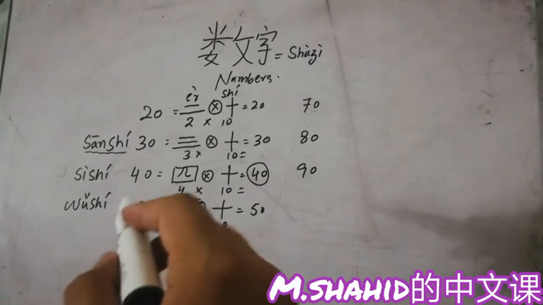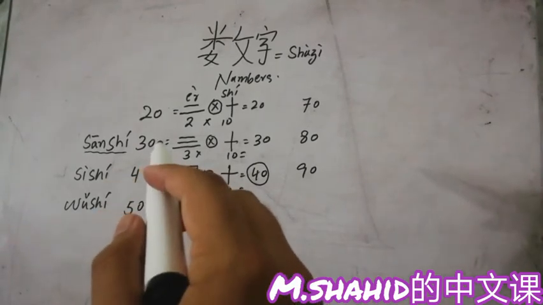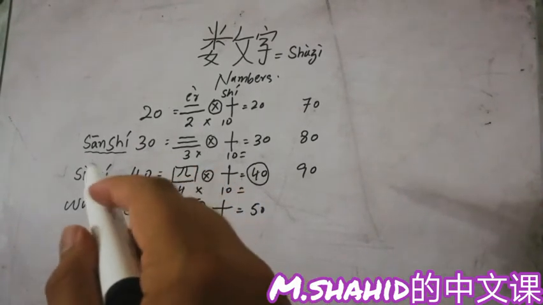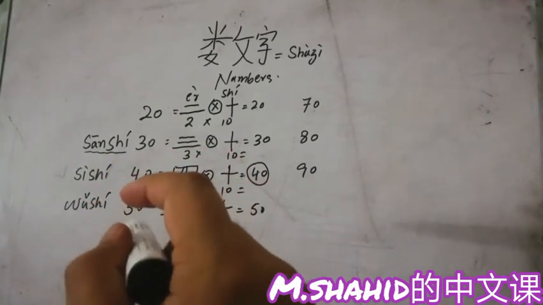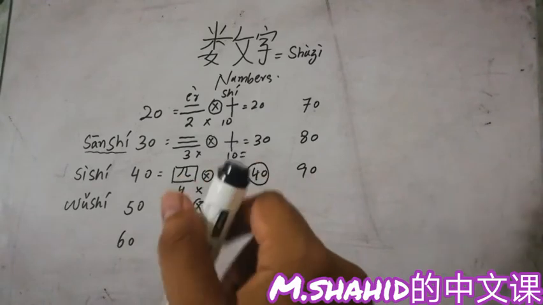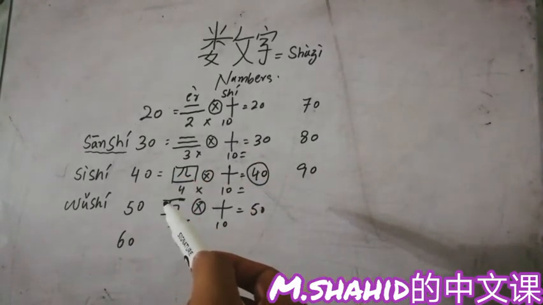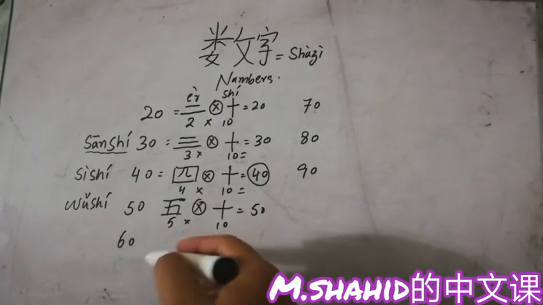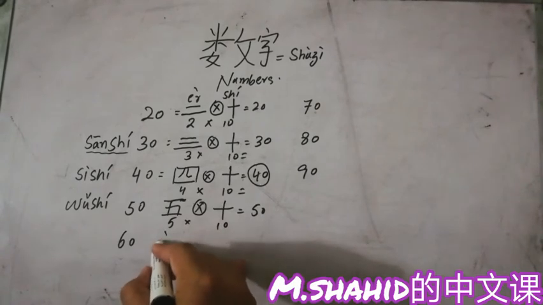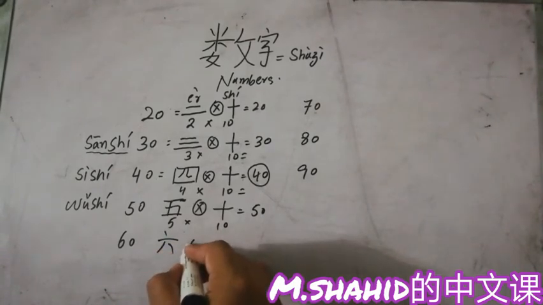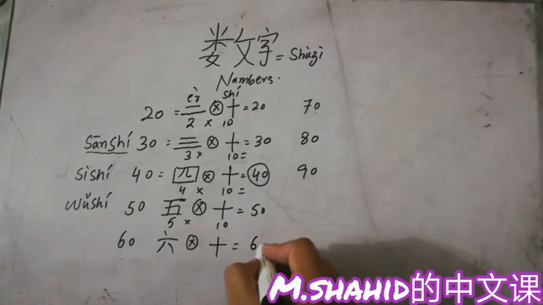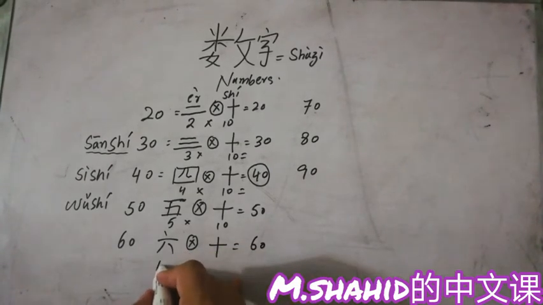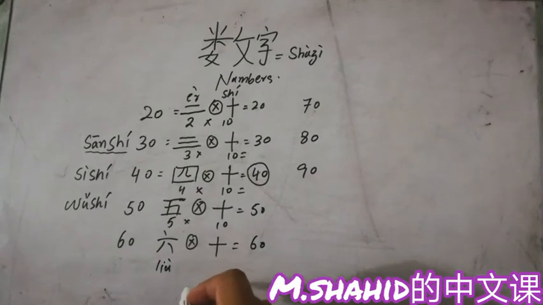This is for the number 50, and for 60 you have to multiply this, and write it over here.